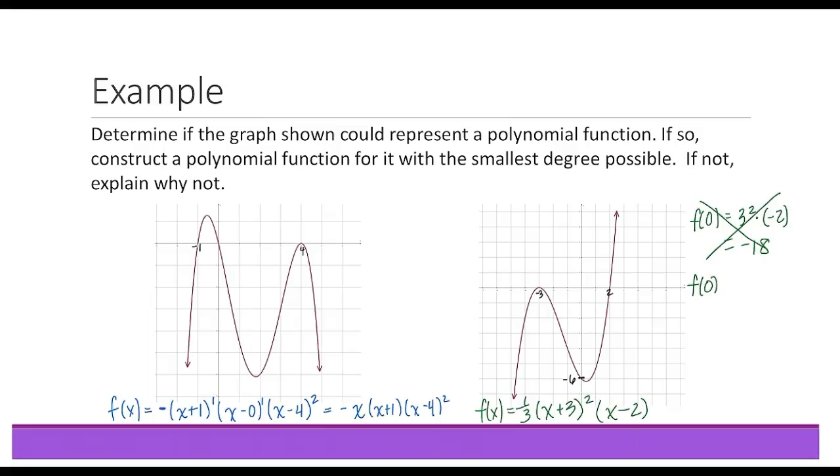My function at 0 would be 1/3 times 3 squared times negative 2. So 1/3 times 9 times negative 2, that's 3 times negative 2, or negative 6. So we want to multiply by a different coefficient in the front to make sure we satisfy that y-intercept.